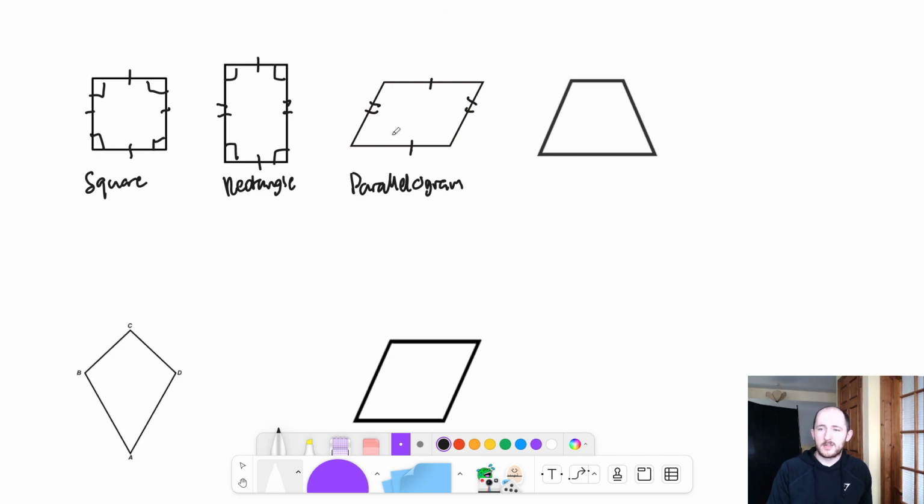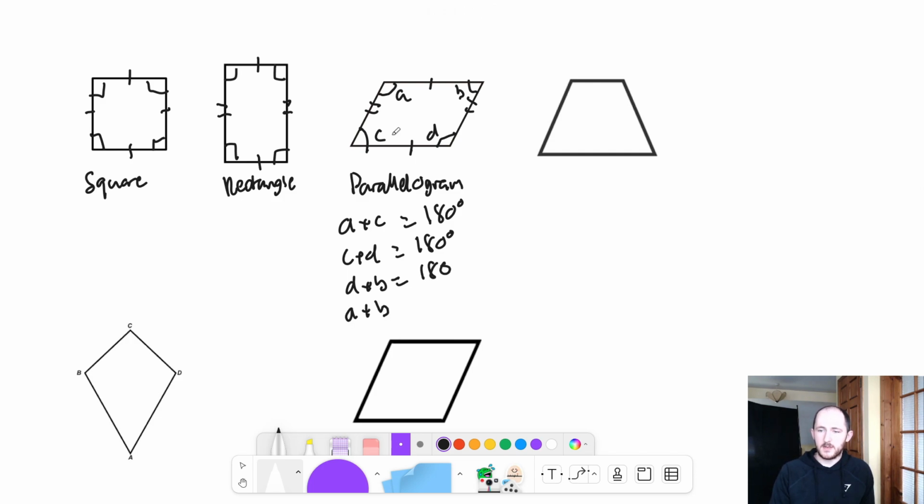But something more interesting is that angles that are next to each other, so if I label these A, B, C and D, angles that are interior to each other, because this is just a co-interior shape, add up to 180 degrees. So all of the ones that are adjacent to each other add up to 180 degrees. And so on. And what's even more interesting, and I use the word interesting very lightly, is that opposite angles are actually equal to each other.